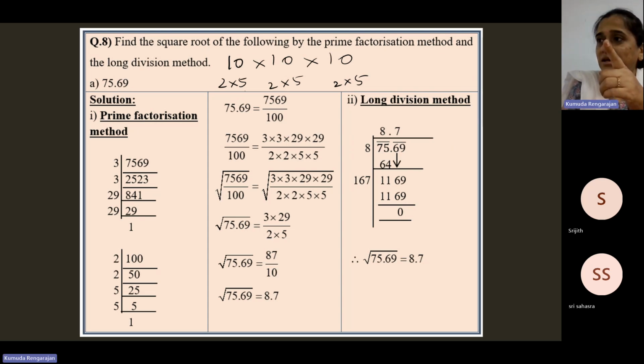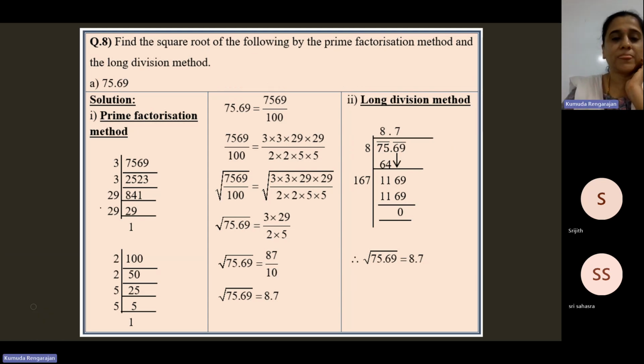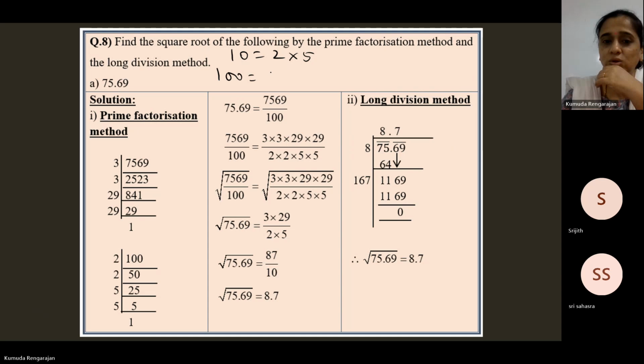What is 10? 2 into 5. What is 100? 10 into 10. So you will get another set of 2 and 5, right? 10 has one 2 and one 5. 100 is 10 into 10, so 100 will be 2 into 2 into 5 into 5.